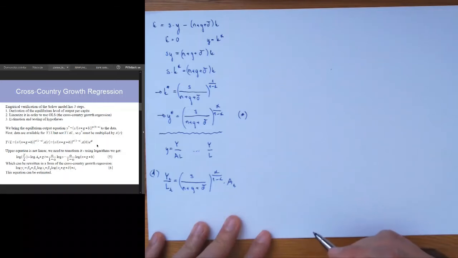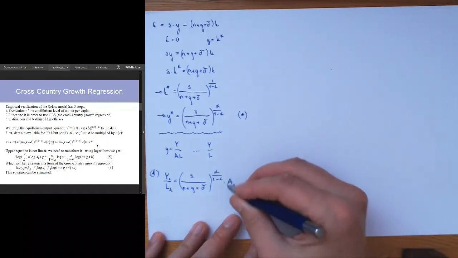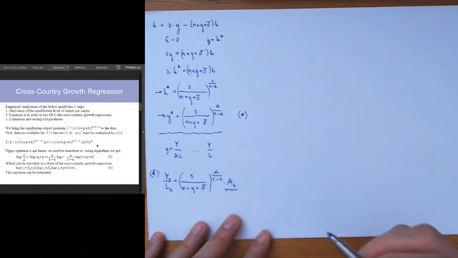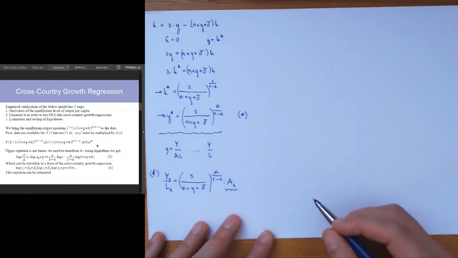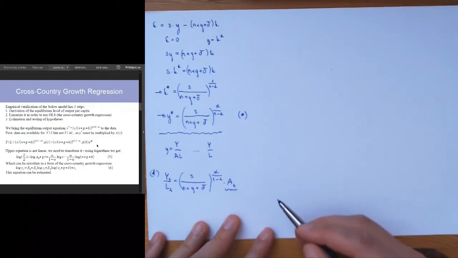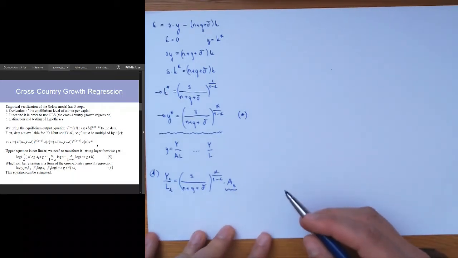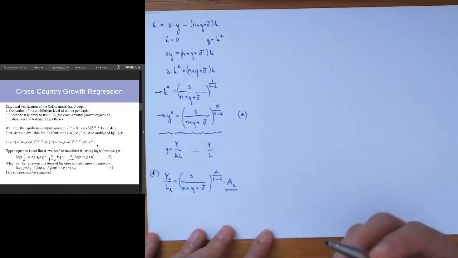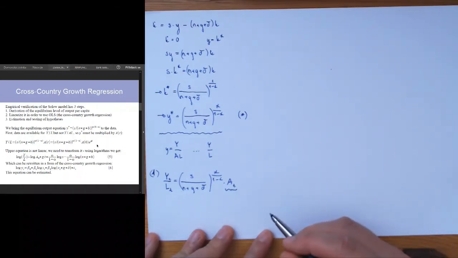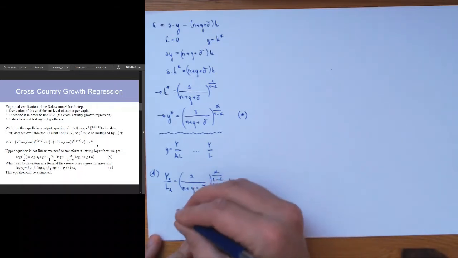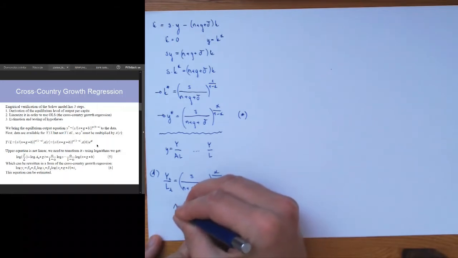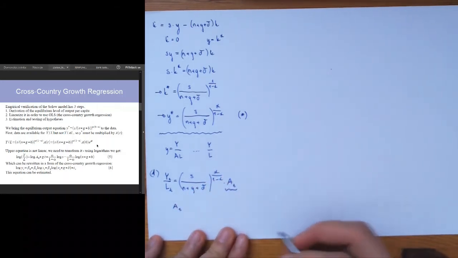Then here we have A(t), however we cannot really observe the values of A(t). This is some level of technology, but we cannot find a level of technological progress in any tables, so this variable is in fact unobservable. And what do we know about this variable? We know that A(t) is simply growing over time.